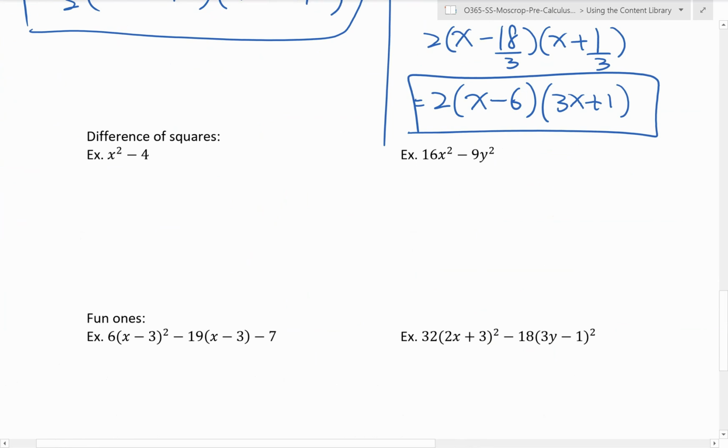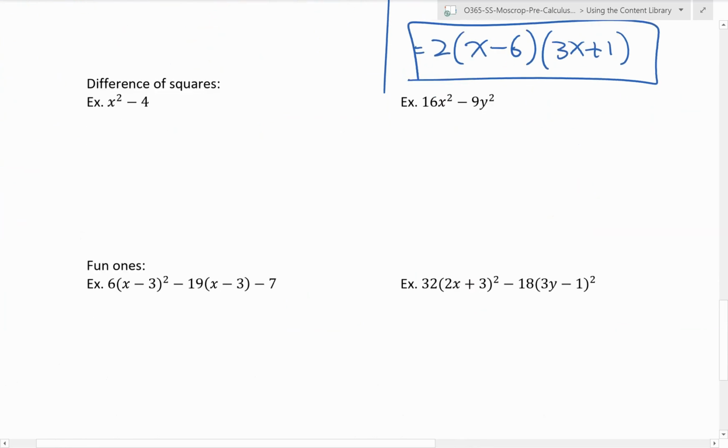All right, the next one here, this is what we call the difference of squares. I believe you've seen it in Math 10 as well, but if you don't remember, I'll show you. It's called difference of squares because both x squared and 4 are perfect squares. I'm going to rewrite this as x squared minus 2 squared. Again, difference because it's subtraction of 2 perfect squares.